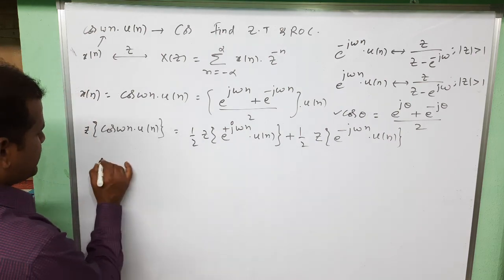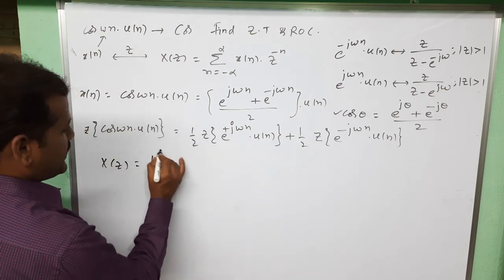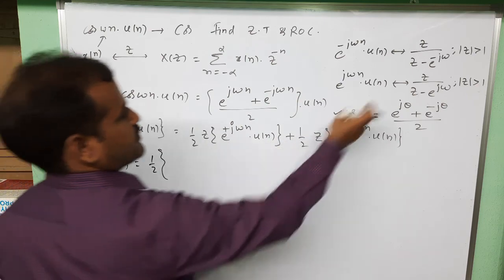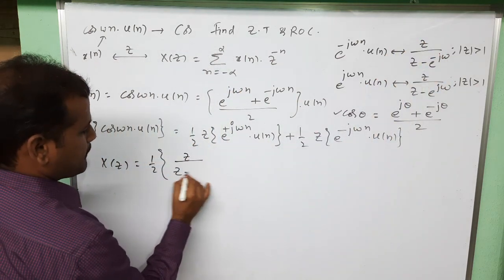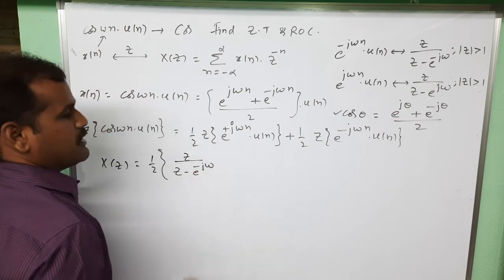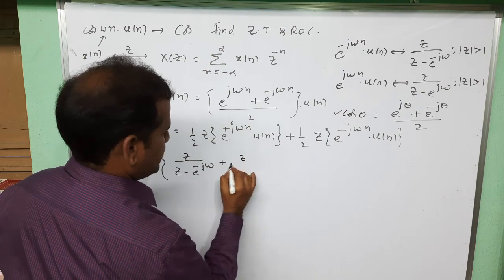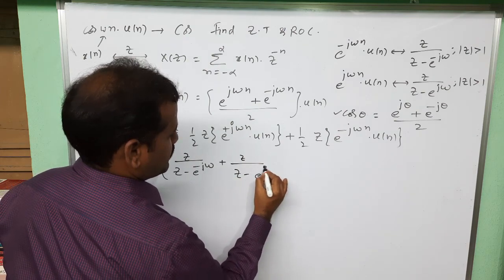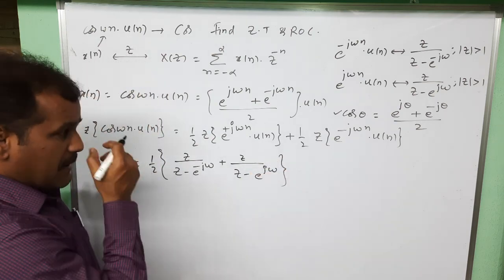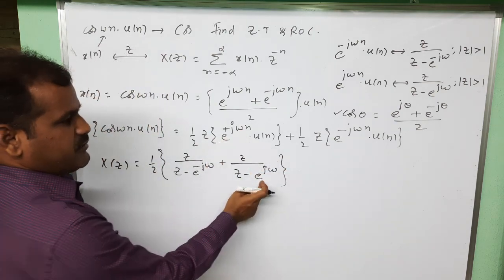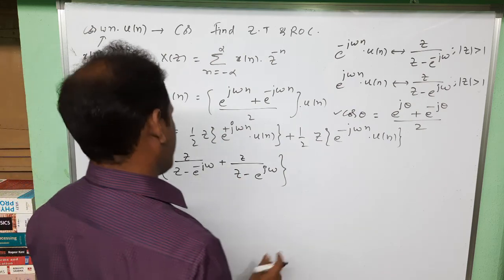I am taking X of z equal to 1 by 2, take it common, and the Z transform of this one is z by z minus e to the power of minus j omega, plus the Z transform of this one, that is z divided by z minus e to the power of plus j omega. For plus j omega this term, for minus j omega this term, of course. Anyhow, the sum of these two we need to simplify.